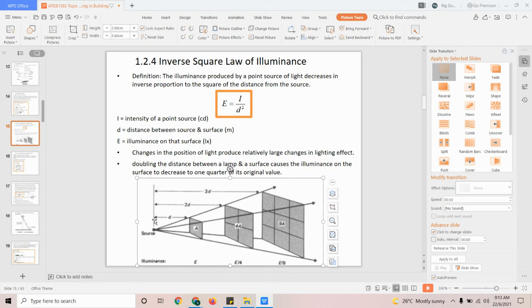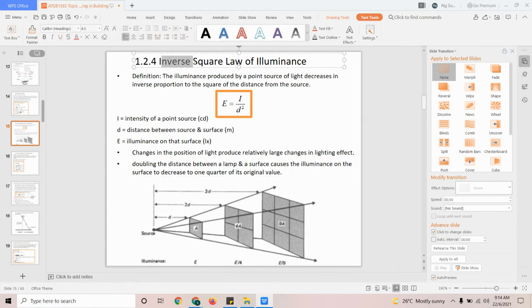So at a specified distance, we have some illuminance at the surface. But if we multiply that distance, the amount of illuminance reaching that particular surface is just a quarter of it. And if you were to increase the distance further, then it will be reduced by another quarter.